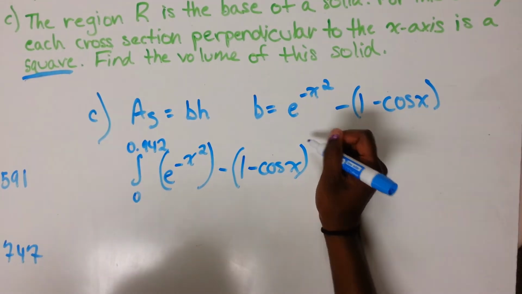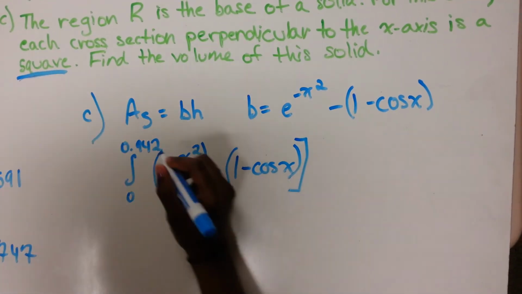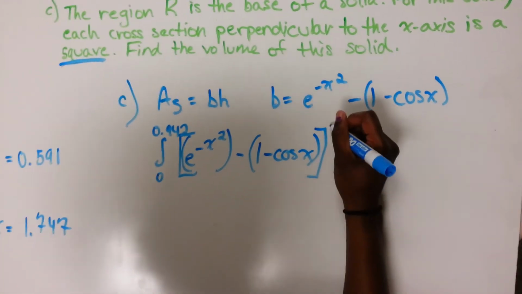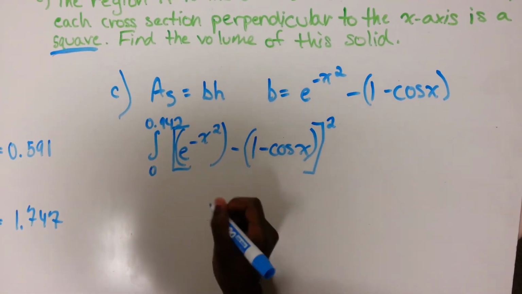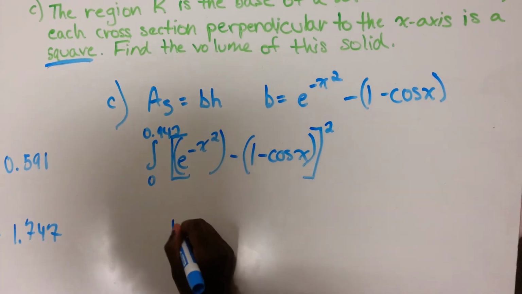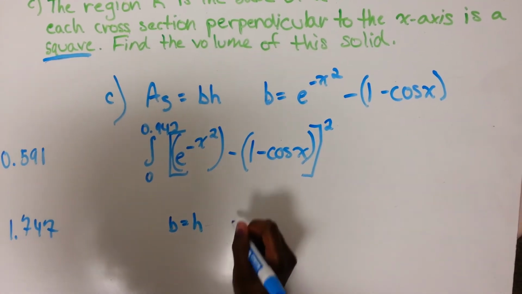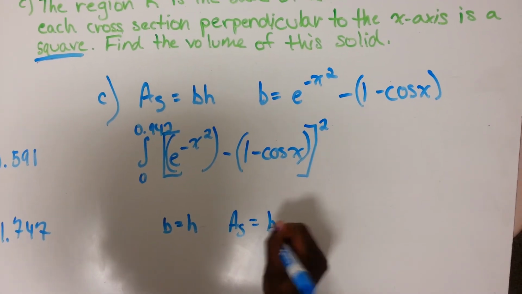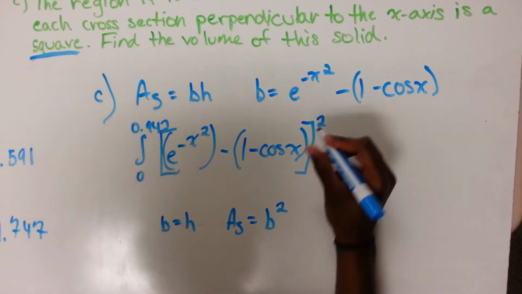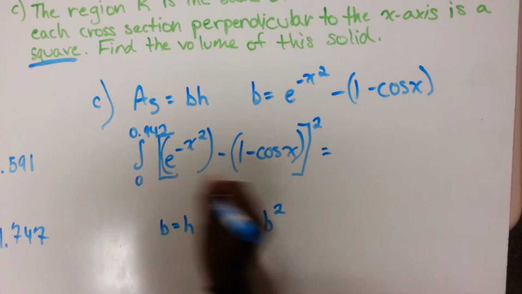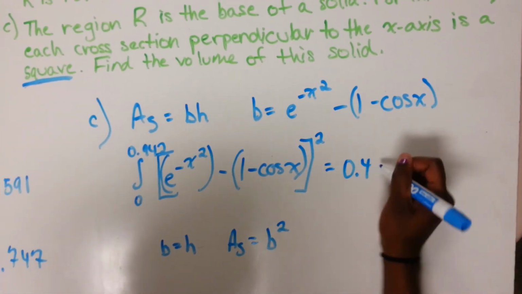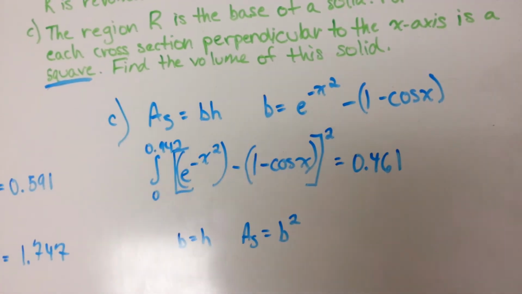Then you're going to put parentheses around the whole base, and then you square it, because in this case base equals the height and the area of the square becomes base squared. So when you plug this equation into your calculator, you should get 0.461.